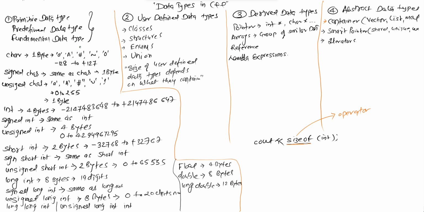We can override that. What is override, I will talk in next videos. So now when you run this code with cout sizeof integer, it will give 4 bytes. Similarly, if you want to find size of character or char, this will return 1 byte.